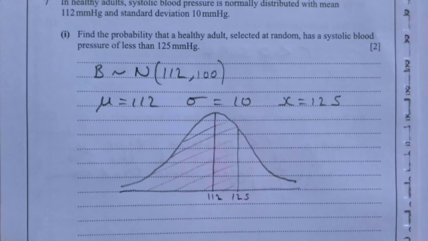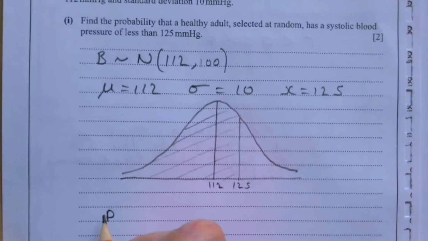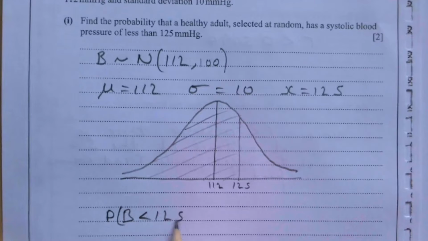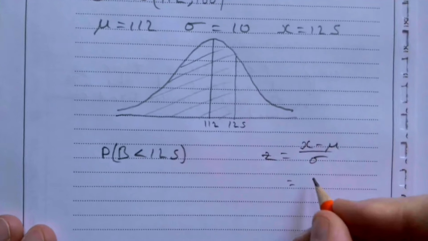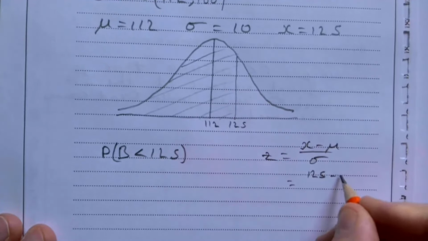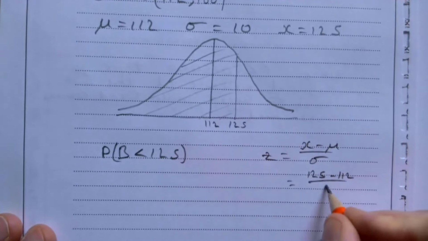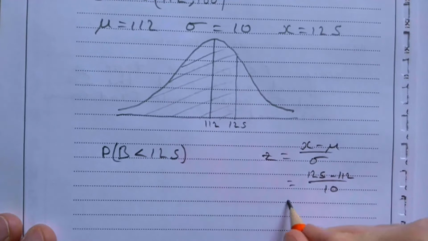I'm actually going to use the tables, and then I'll show you how we do it in the calculator as well. So we're looking for the probability that V is less than 125, and so our z value is going to be x minus mu over sigma. In this scenario it's 125 take away 112 over 10, and so it's going to be 1.3.